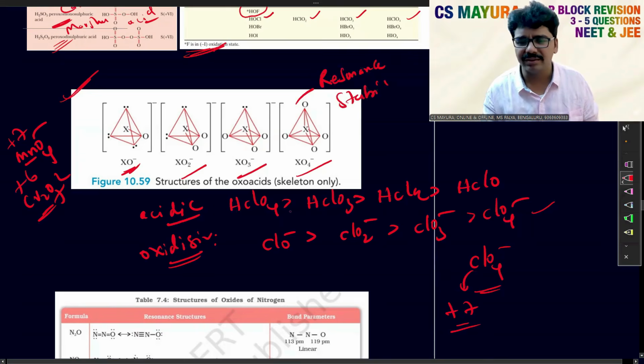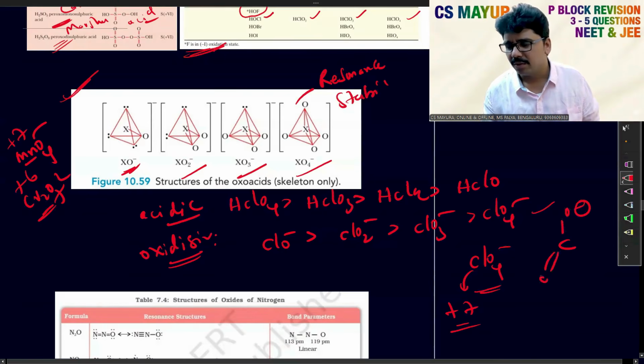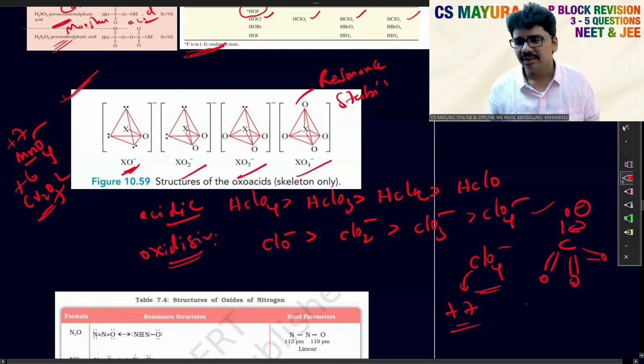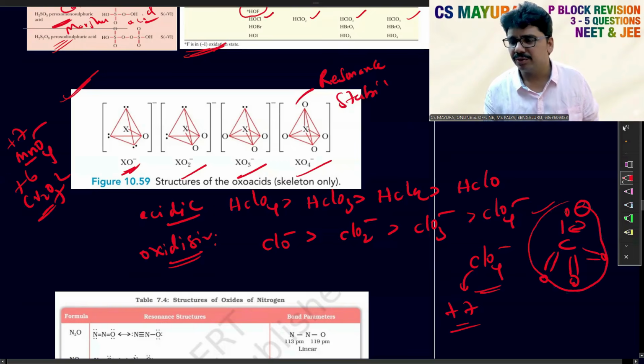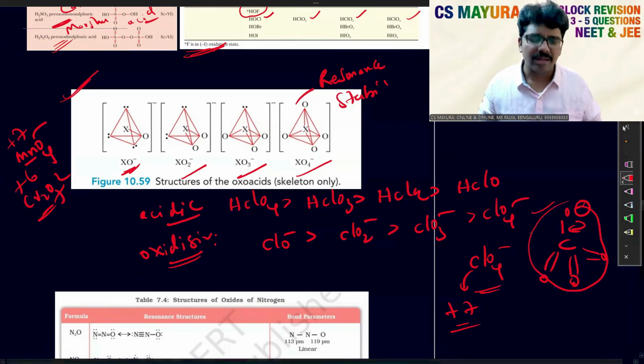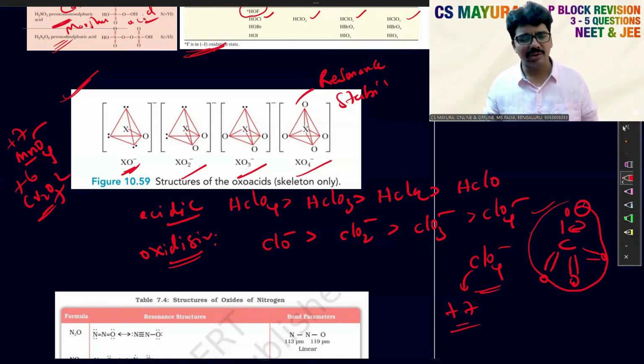It is resonance stabilized. So this is the structure: Cl with three double bonds to O and one O-. So it has extended resonance. This O- is in conjugation with 3 double bonds, so more extent of resonance is there. Due to resonance stabilization, ClO4- is not interested to undergo reduction, not interested to destroy itself.